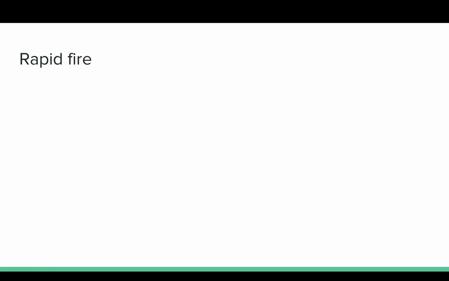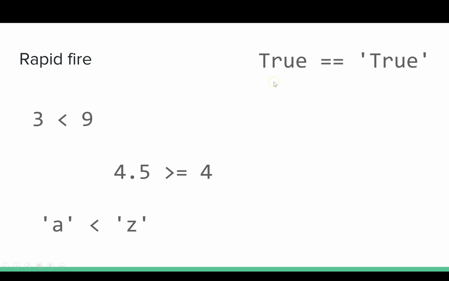So let's take some examples. 3 is less than 9. What do you think it is, true or false? Yes, it is true. 4.5 is greater than or equal to 4. It is also true. Now here's an interesting question.